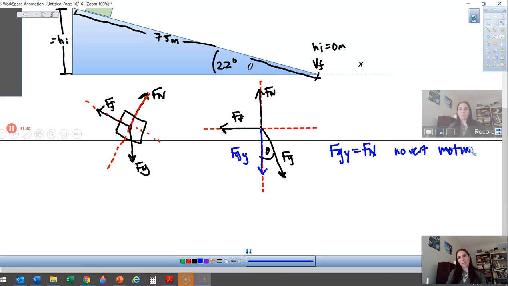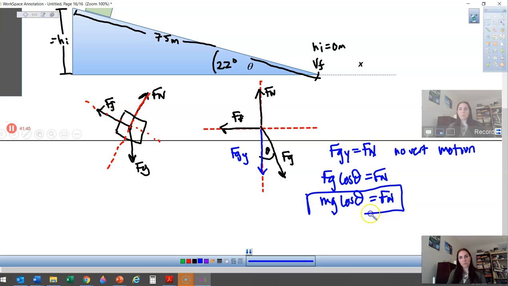Which means that this is a cosine because this is next to it. So Fgy is going to be Fg cosine of the angle. And Fg is mg. So mg cosine of the angle is equal to the force normal in this case.